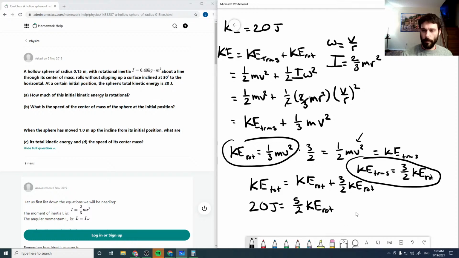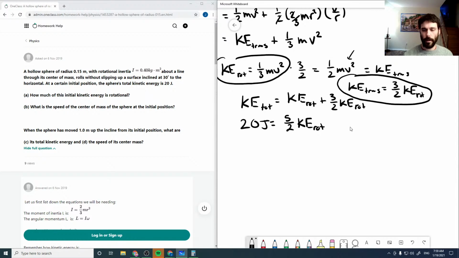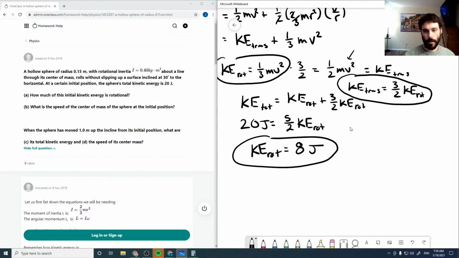So then our rotational kinetic energy is 8 joules. So that's how much of our initial energy is rotational.